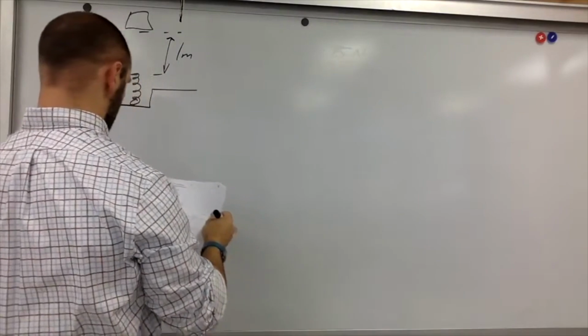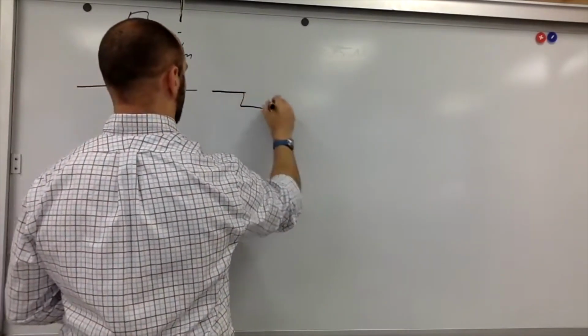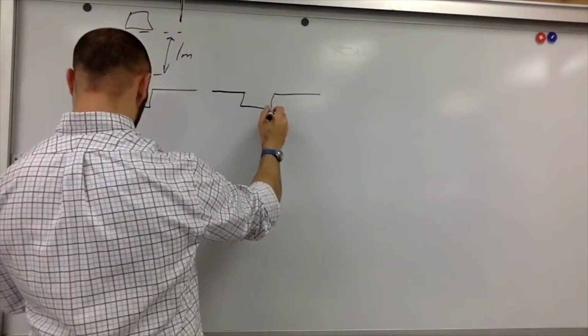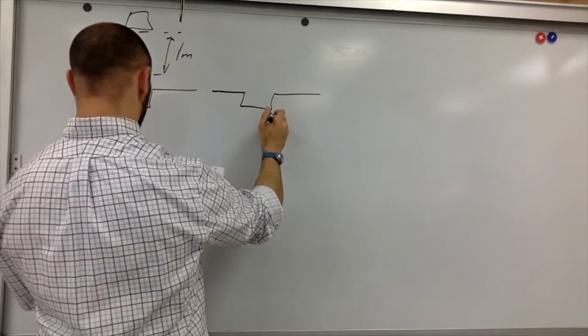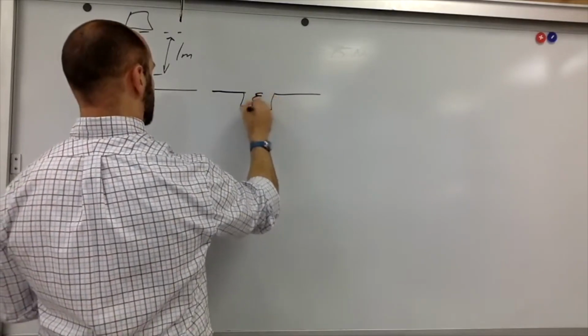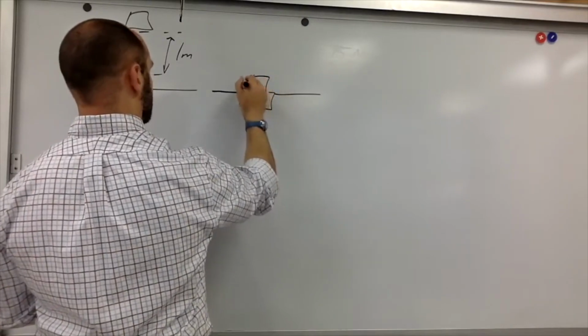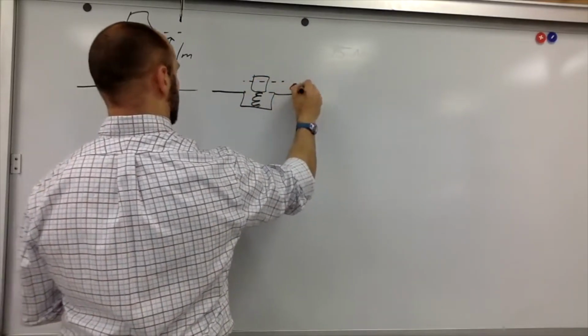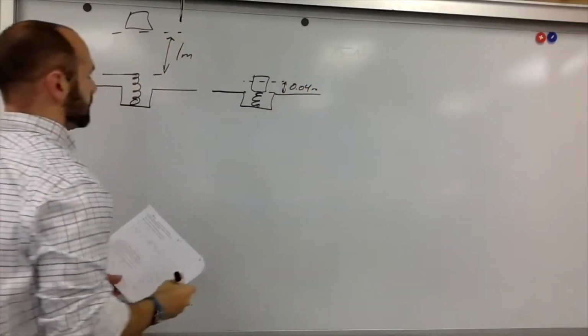Okay, and then this is it at some later time, right? When it reaches compression, it compresses 4 centimeters before momentarily stopping. So this is it when it has compressed. And so this was 0.04 meters from here to here, right?